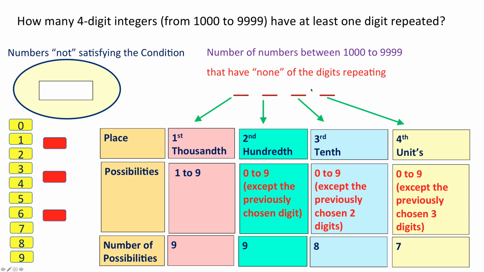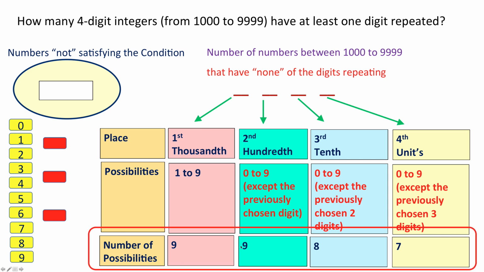Which means, looking at it holistically, the number of numbers which are not satisfying the condition of repeatability is 9 into 9 into 8 into 7, which if you calculate is 4536.